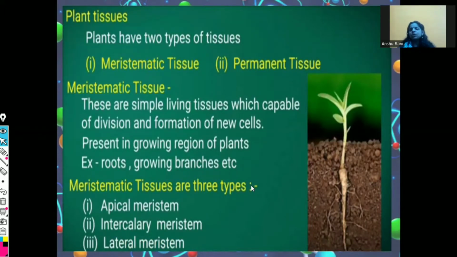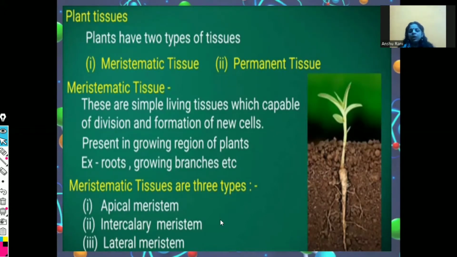The plants which are having shoot and root tips active are growing in length as well as in depth, right? So they are having apical meristematic tissues present on the root and shoot tip. Because of that, their length is increasing. Shoot and root length is increasing because of apical meristematic tissues.